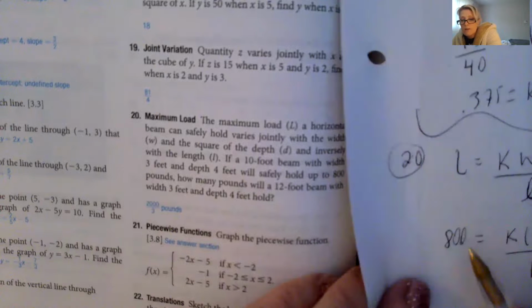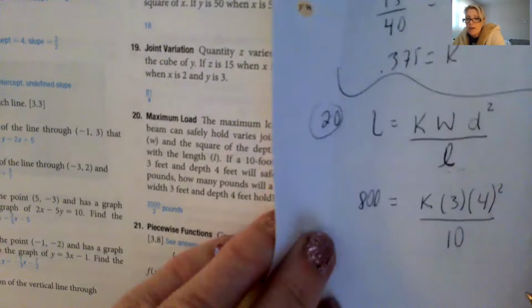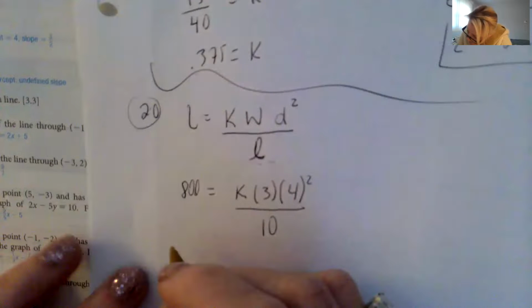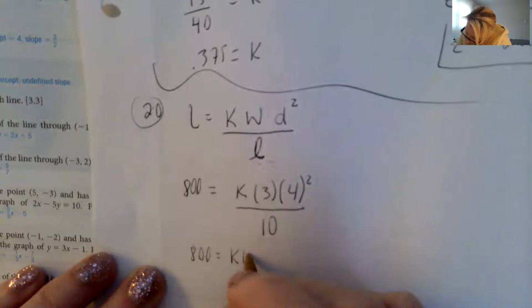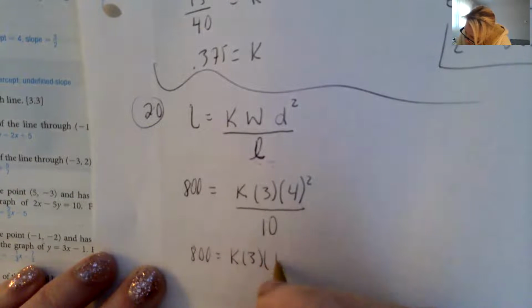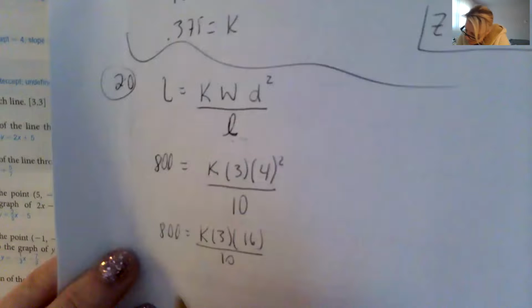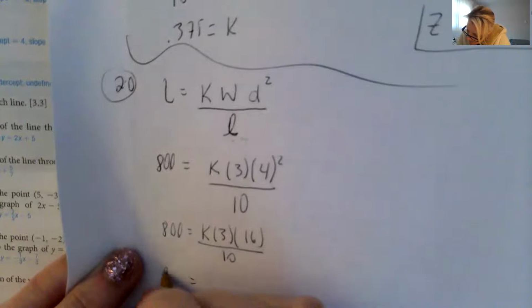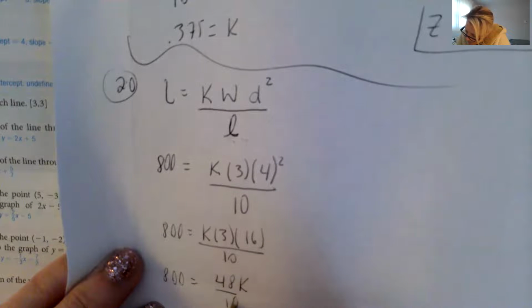So the L is the load in pounds. We're going to solve for K. So 800 equals K times 3, and then 4 squared is 16, over 10. 800 equals 3 times 16 is 48 K over 10.